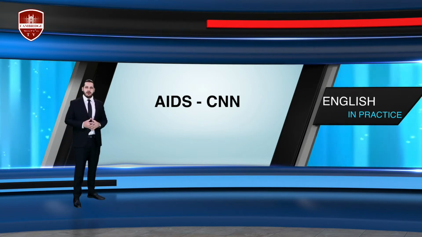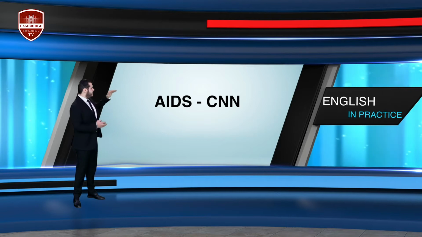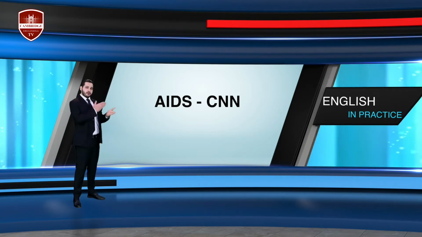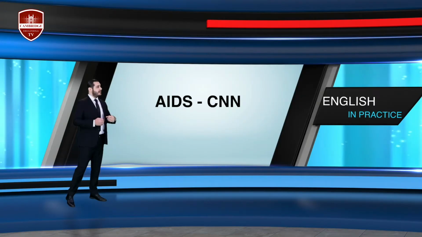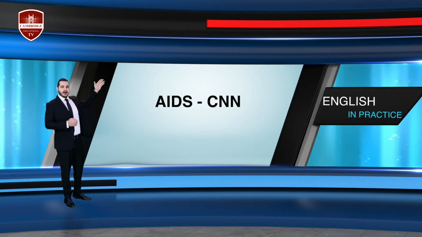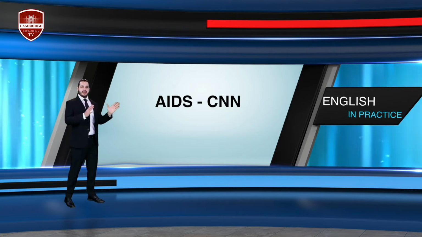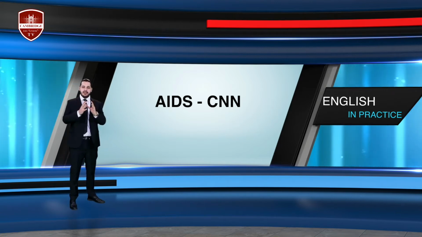The difference is very simple between these two. AIDS is an acronym because I'm pronouncing these letters as a whole word. CNN is an initialism because I'm pronouncing the letters separately, C-N-N, one letter at a time. But in the case of AIDS, I'm pronouncing the whole thing as one word. I said AIDS.